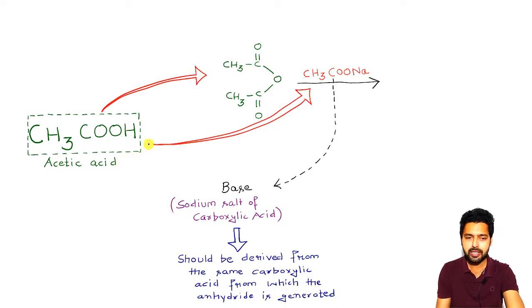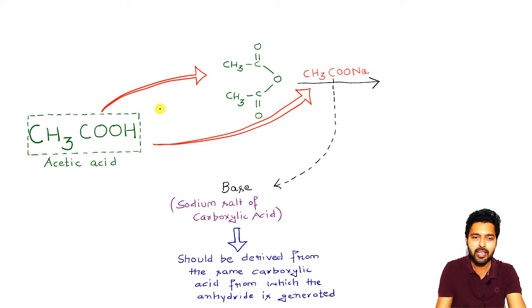So what is happening here is that the base has to be selected in the Perkin reaction, or the sodium salt of the carboxylic acid should be used as a base in the Perkin reaction, which can also give that anhydride which is acting as the second reactant here.